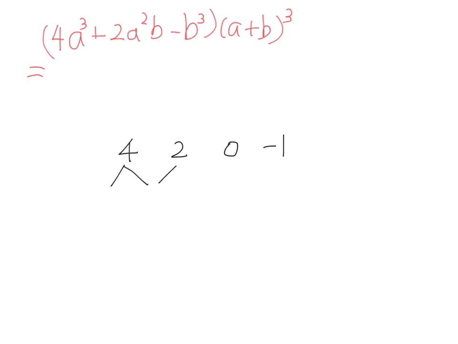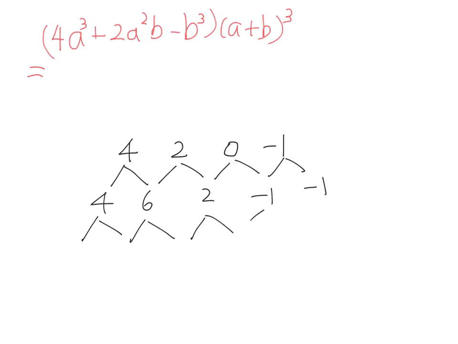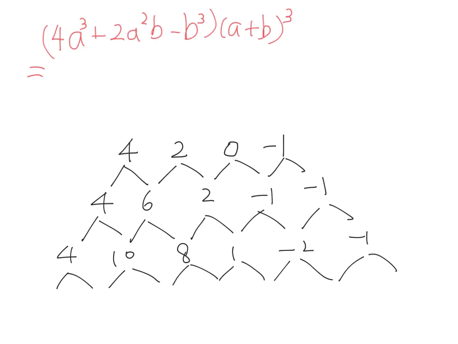And to multiply this by a plus b, I just construct one more layer here. And then to multiply it again by another a plus b, I do it again. And finally, multiply it by a plus b the last time.